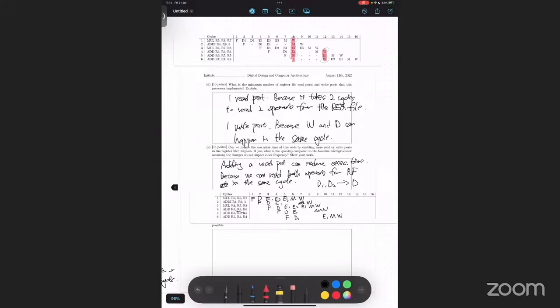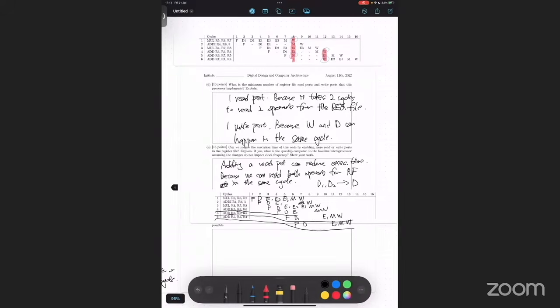And finally, the last instruction, we can fetch, decode, wait for E1, memory, write back. So yeah, this is a bit tilted.